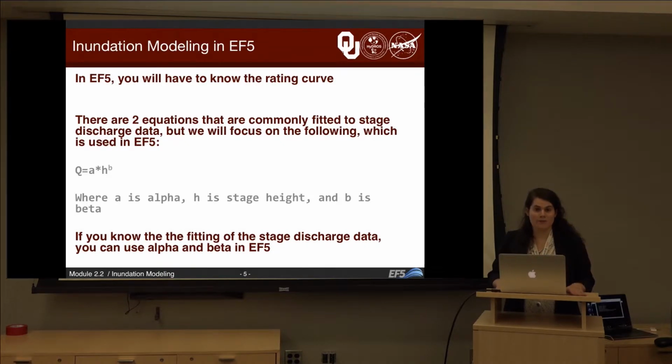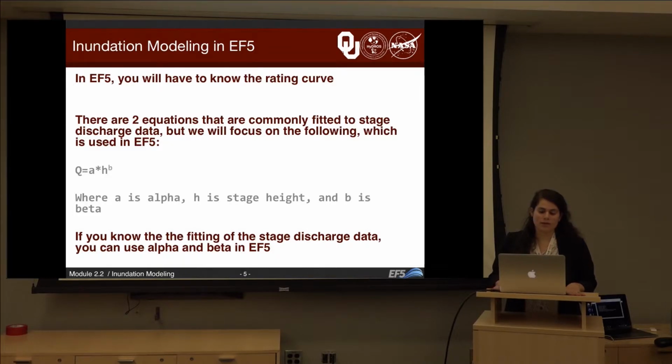In order to do inundation modeling in EF5, you'll need to know the rating curve. There are two equations that are commonly fitted to stage discharge data, but we will focus on the following, which is used in EF5. It's where stream flow is equal to alpha multiplied by the stage height raised to the beta.